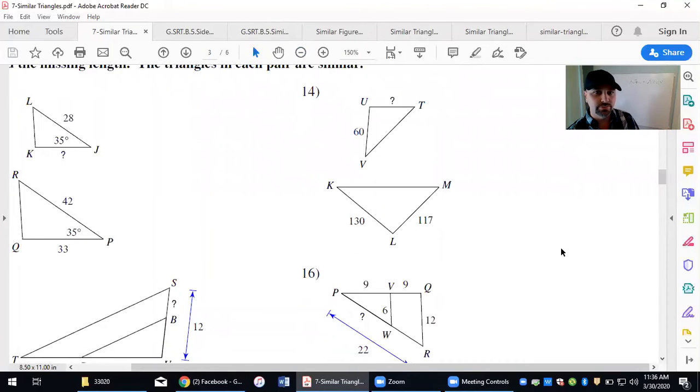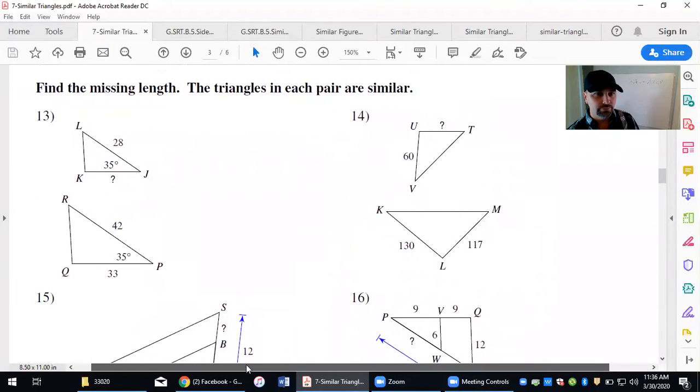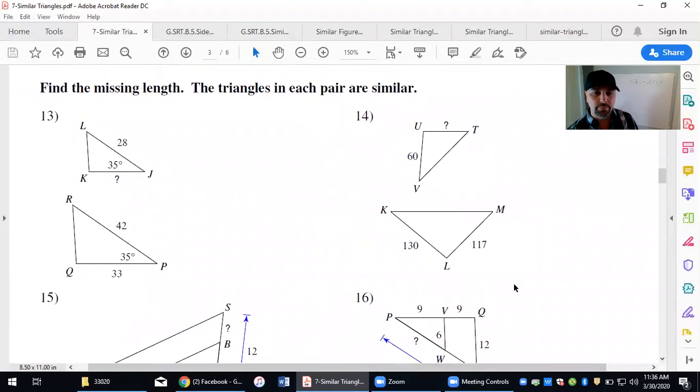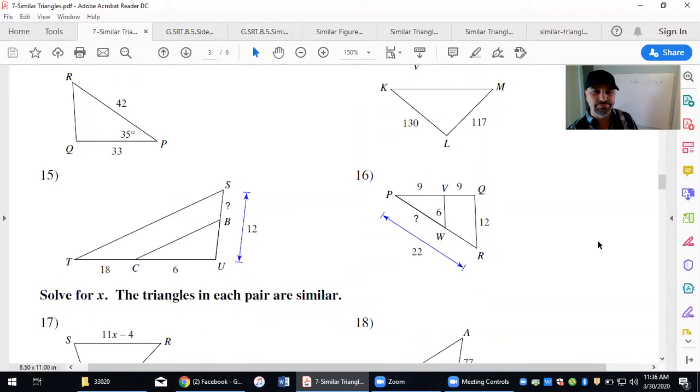Let's just do a couple problems here. Now, I don't like it when they don't have them oriented the same way and don't give you a description like number 14, because you're left to assume.